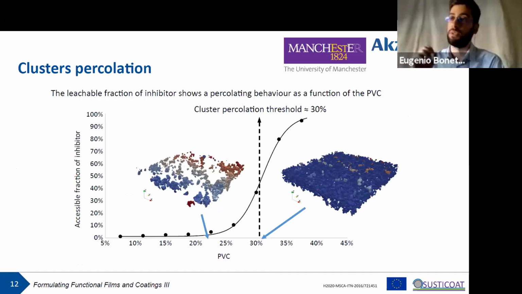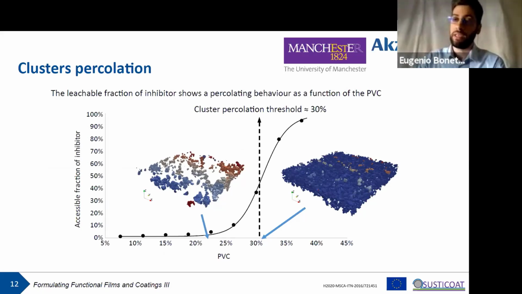For example, the accessible fraction of inhibitor in a coating shows a percolating behavior. This behavior actually has been shown experimentally, because the amount of inhibitor released shows a transition above a certain value of the PVC.